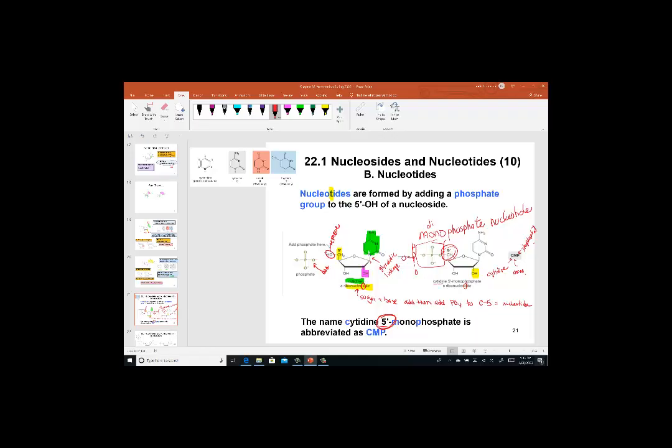Mono, di, or tri, indicating how many phosphate groups are attached to this 5th carbon. Okay, lots of good drawing here, isn't it? All right, we did cytidine 5' monophosphate. Let's try another.